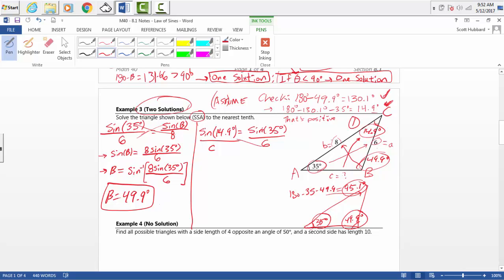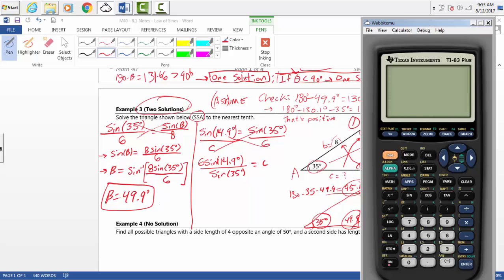Then you cross multiply, and you get 6 sine 14.9 divided by sine 35 is equal to c. And then we just plug and chug on our calculator.